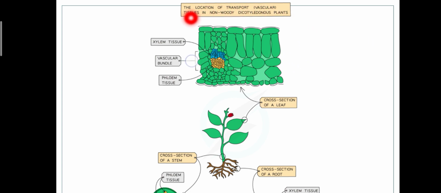So this diagram is showing the location of transport or vascular tissues in non-woody dicotyledonous plants.